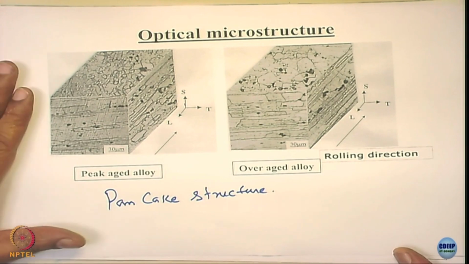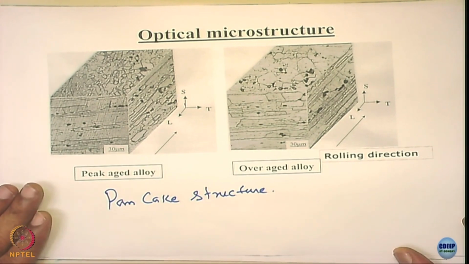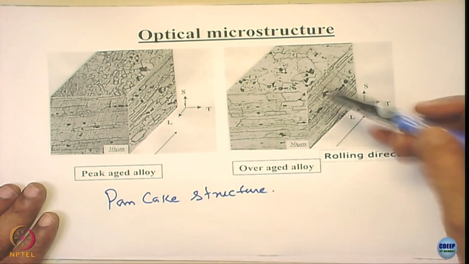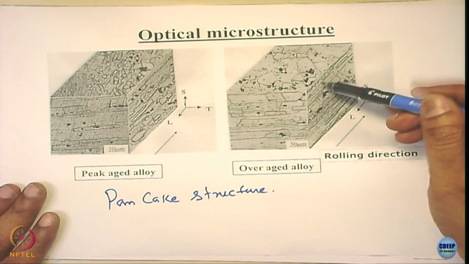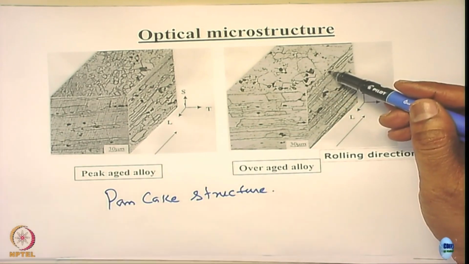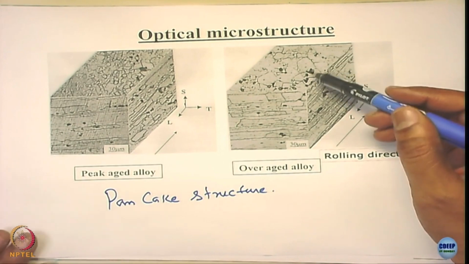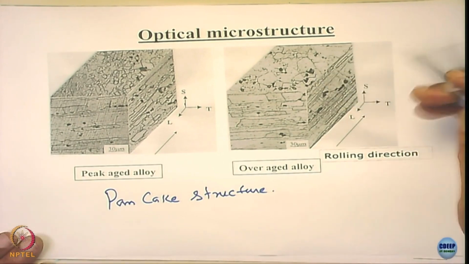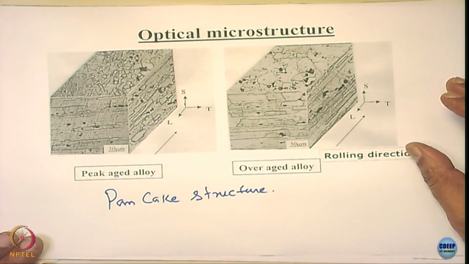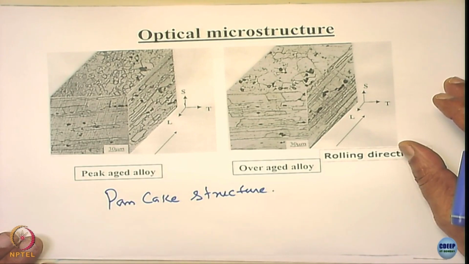They call them pancake structures. In exfoliation, these grains just delaminate, one after another they get removed from the surface and subsurface, okay. So that is one of the specific problems that happens in the high strength aluminum alloys.